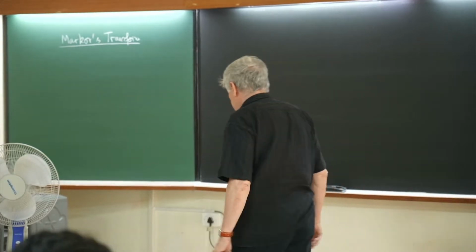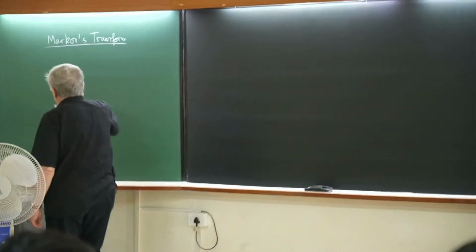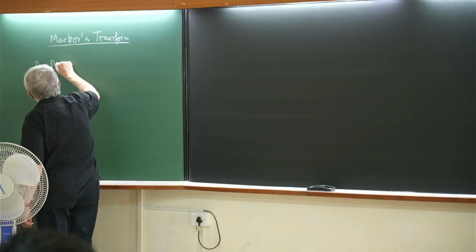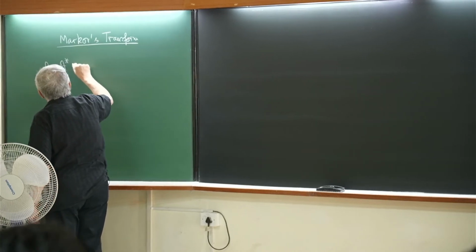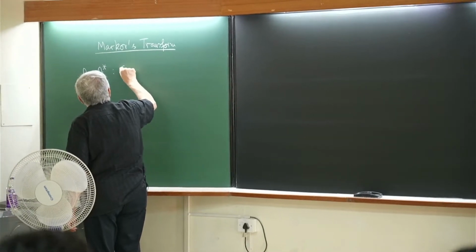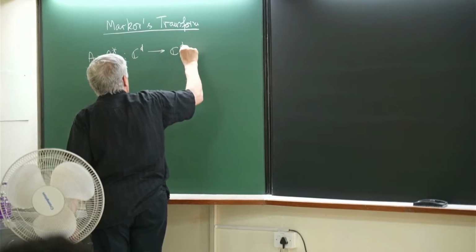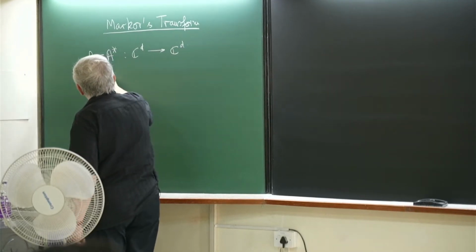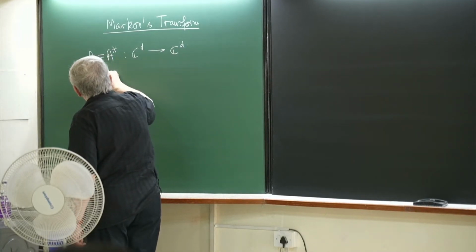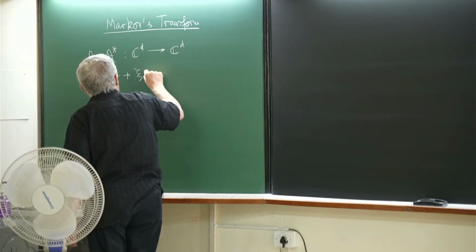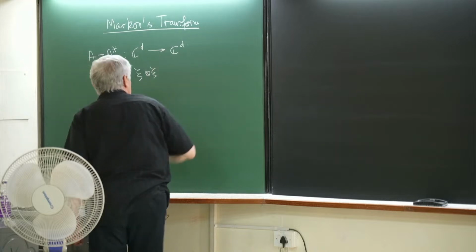So what it is about, I start with a matrix point of view. We have a self-adjoint matrix on a finite dimensional Hilbert space, and we consider a rank 1 perturbation of it.